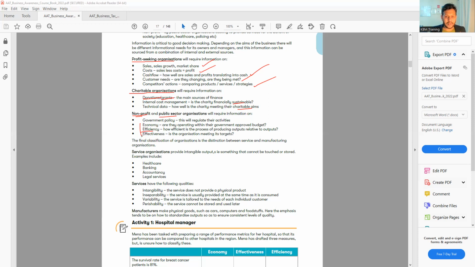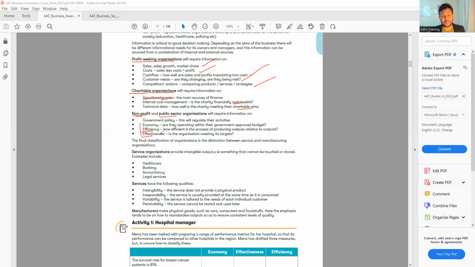Effectiveness is all about the organization meeting its target. If the target is fulfilled, you can compare with others. For example, this year our staff turnover is 10%, and in the same year the competitor has 12% or 15%. So you can compare whether you are doing good or bad.